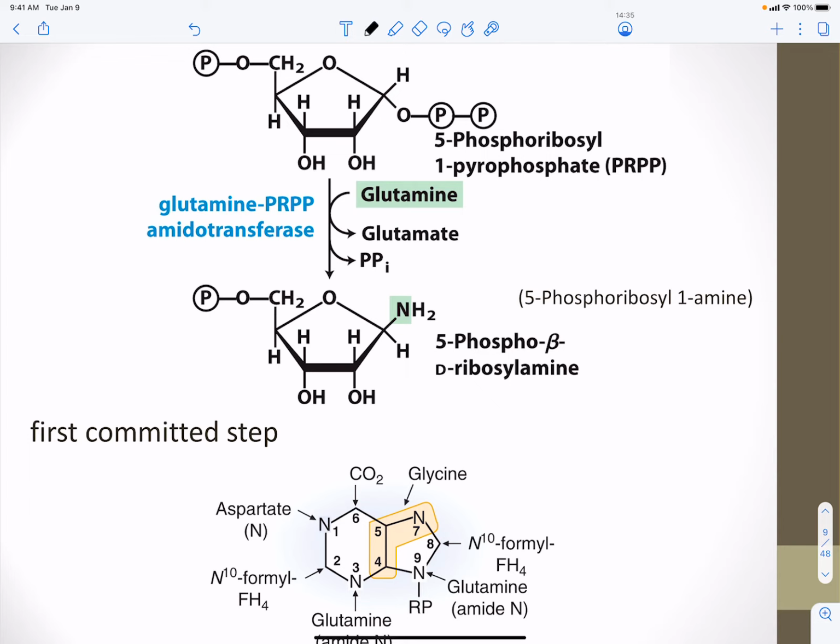And so remember that this is a ribose, so keep in mind that this is your anomeric carbon, that carbon 1. So you're building off of that ribose carbon 1. And so you're going to add nitrogen donated from glutamine, and you're going to release your 2 phosphates. And this is going to generate your 5-phosphoribosylamine. And this is the first commitment step.